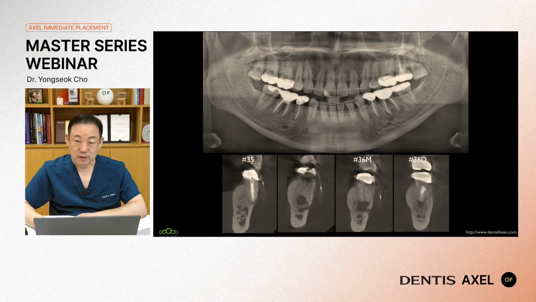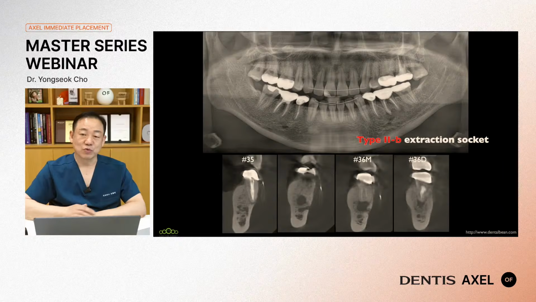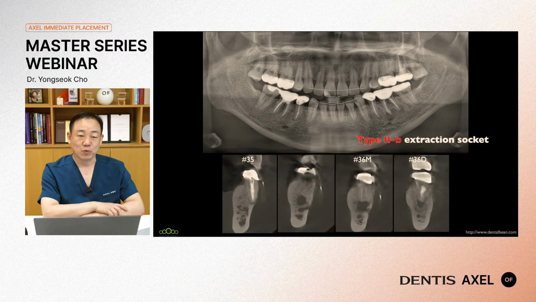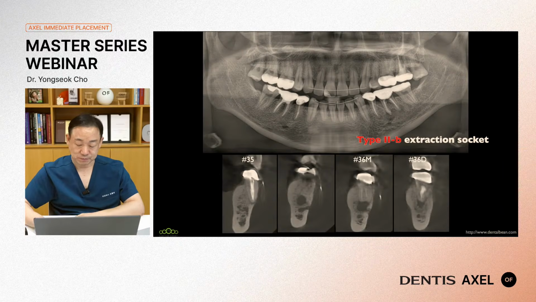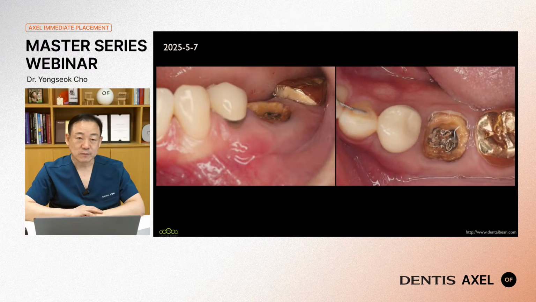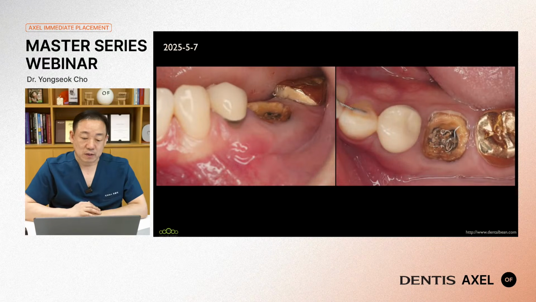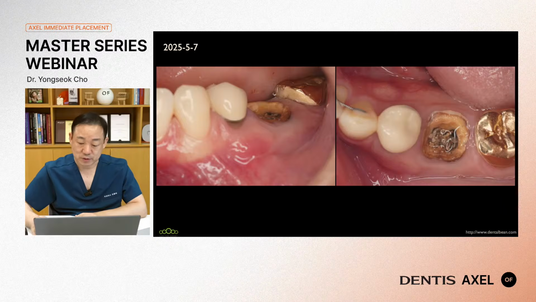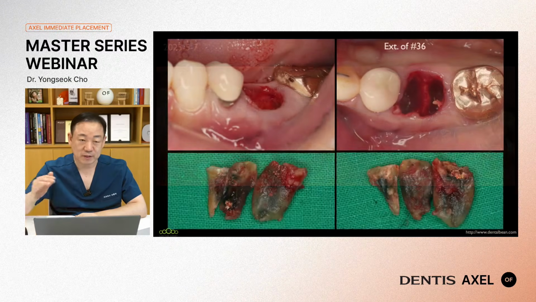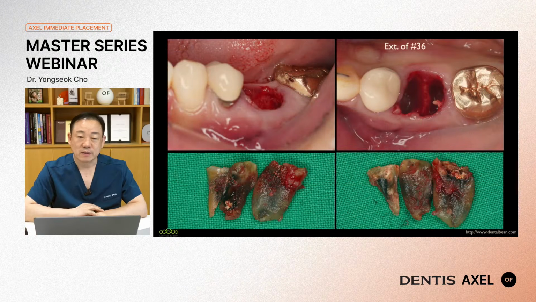Okay, this is a type 2B extraction socket, so it's better to extract the tooth and wait several months. So I decided to extract the tooth, bisecting the roots and then extracting the tooth.